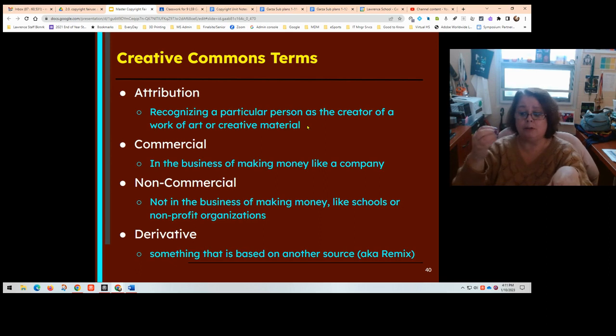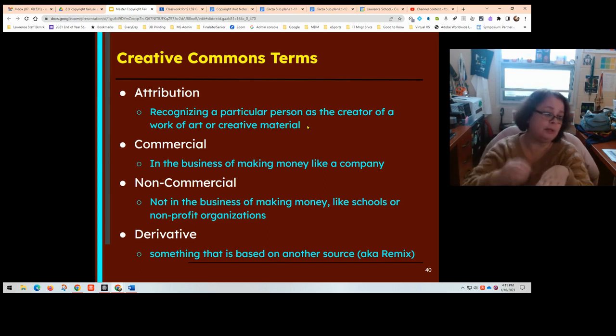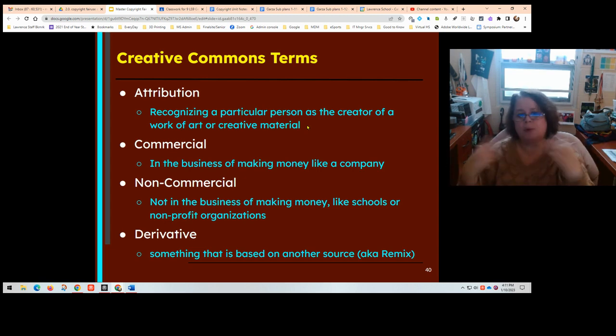If we do, we're buying stuff that is going to contribute to our school in some way, but we're not giving dividends or stock options or stuff like that because we're not in the business of making money. Nonprofit organizations are the same way, like the American Heart Association or the Cancer Society.